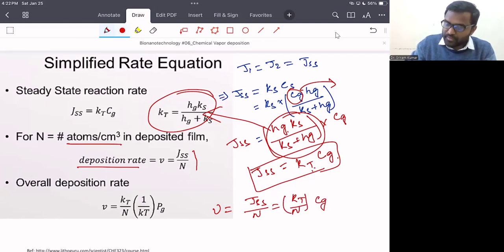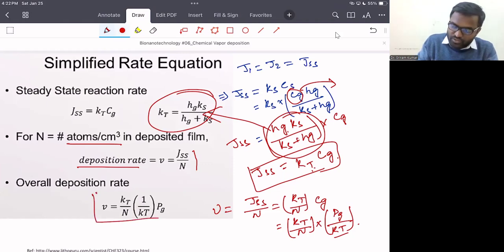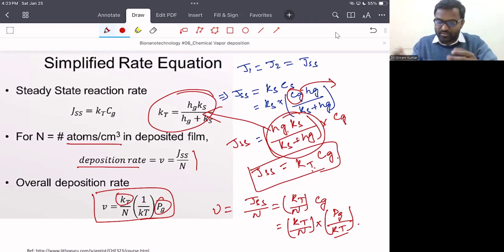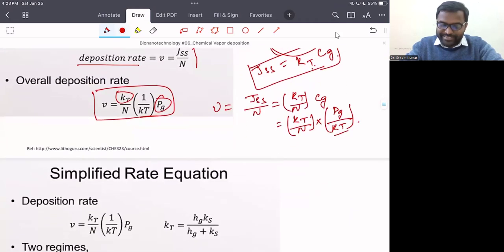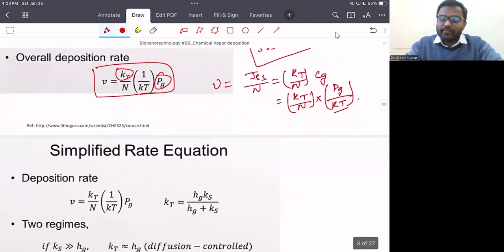And the Cg we can write as the Pg divided by kT. So from the ideal gas equation we can write concentration in terms of the pressure, the Boltzmann constant and the temperature. So overall the deposition rate depends on the KT and partial pressure of precursors in the reaction chamber. So this is all about how the deposition rate varies with the partial pressures.